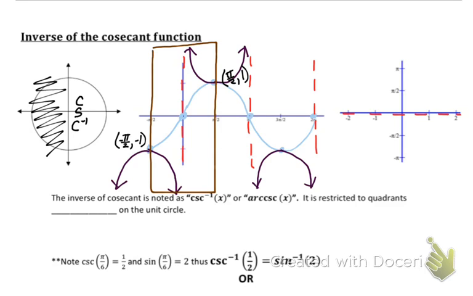The reciprocal, I just flipped my x and y values. So instead of plotting pi over 2, 1, I'm going to plot 1, pi over 2. And these lines get close to the horizontal asymptote, so this is going to go like that. It's going to go like that.